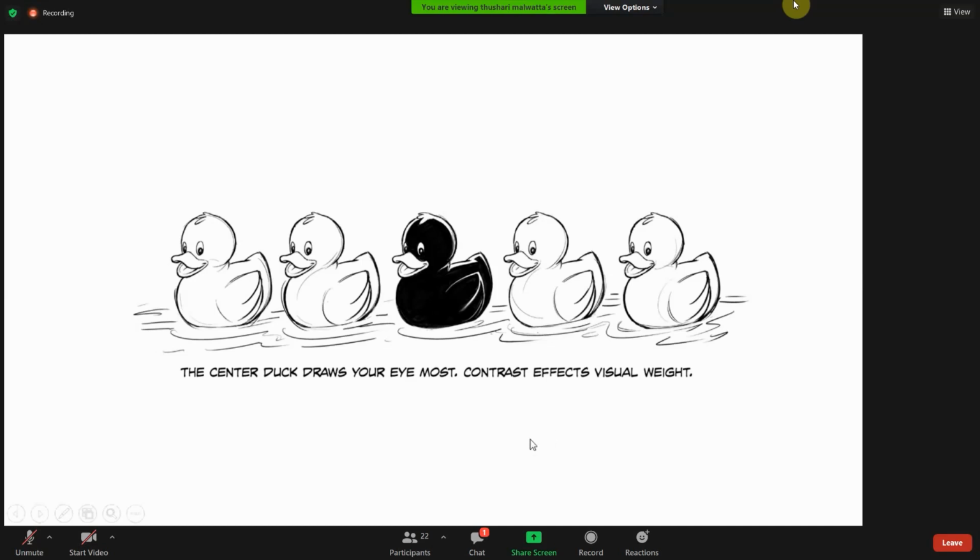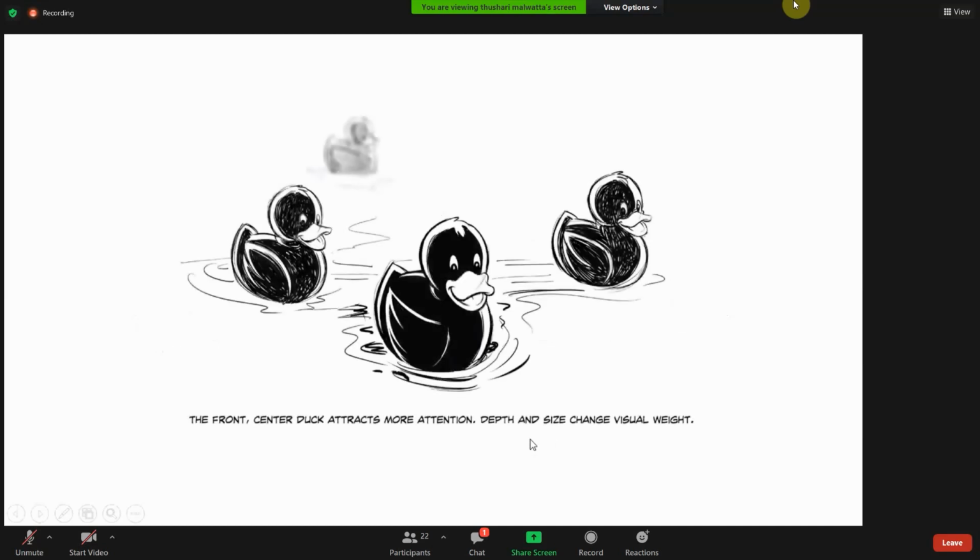I think you get it. So then, which one draws more attention? This front duck. So this visual weight is created by the depth and the size.